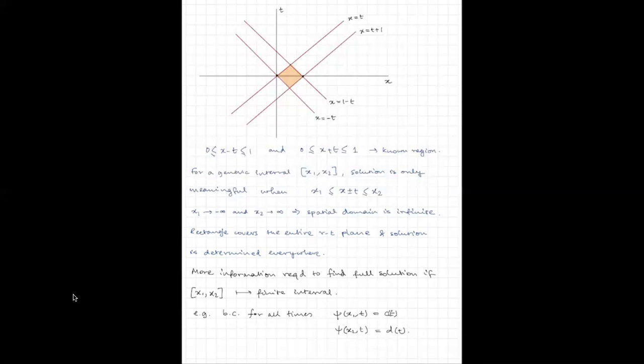Now let's simplify the analysis. Let's take the case where x1 is equal to 0 and x2 is infinity.